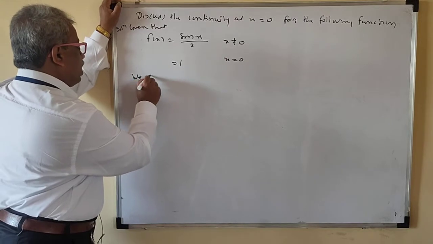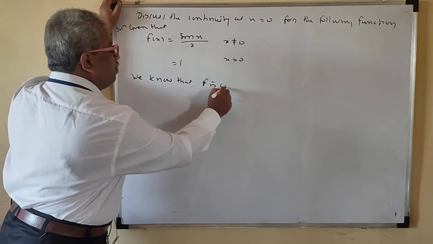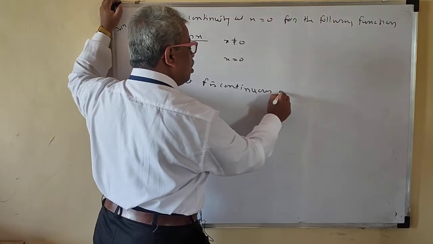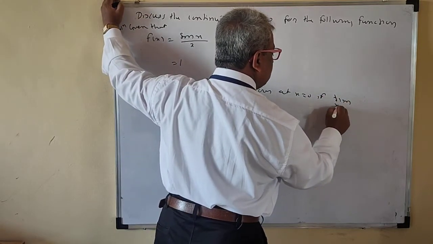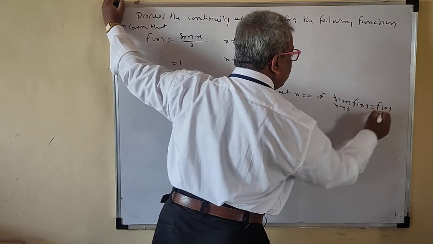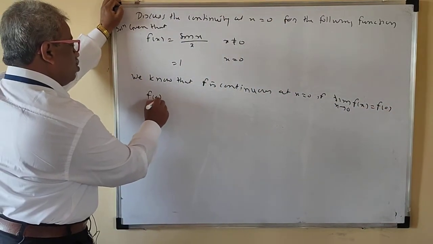So we know that f is continuous at x is equal to 0 if limit x tends to 0 f of x is equal to f of 0. Okay, so now f of 0 is 1.